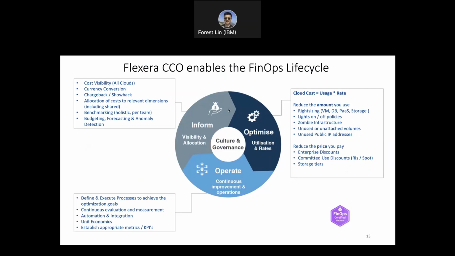And second, optimize: the framework is for optimizing actions and reducing the amount of usage. You can right-size virtual machines, databases, platform services, and storage, and have policies to turn the lights on and off, and handle zombie infrastructure and unused or unattached volumes, unused public IP addresses, or whatever resource incurs a cost, all under governance.